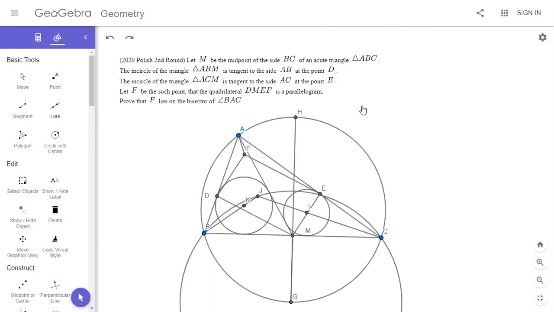Basically, I think we want to show the ratio of sine ADF to sine AEF is the same as the ratio of sine BDM to sine CEM, if you use the law of sines a whole bunch of times.